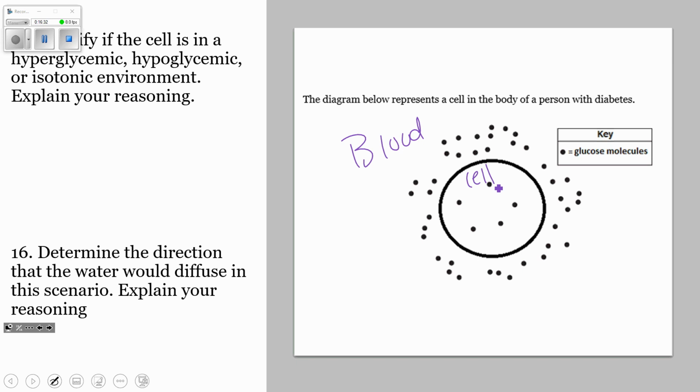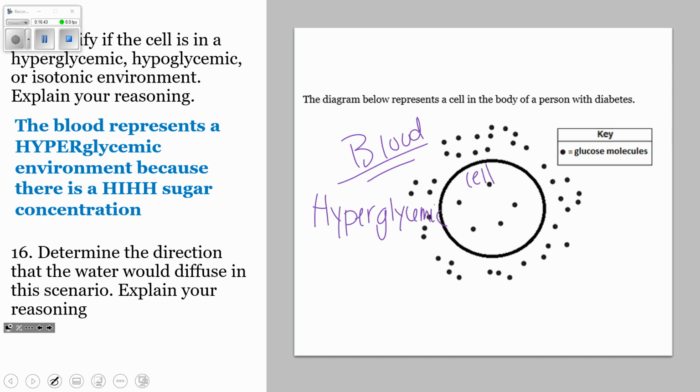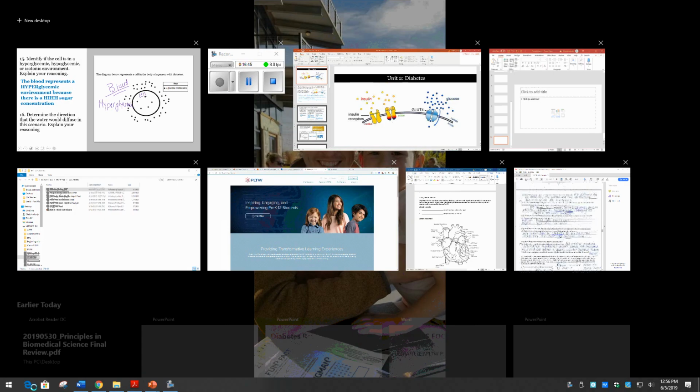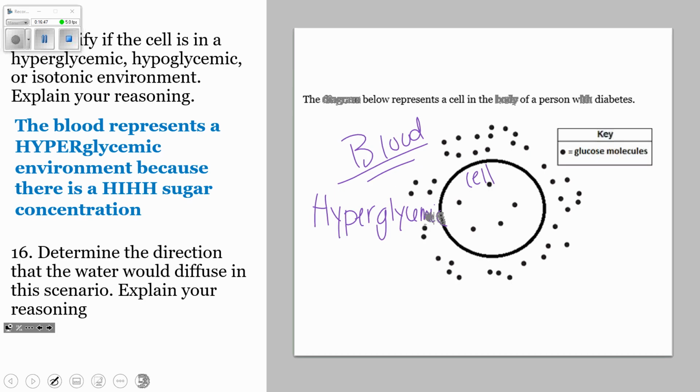A lot of sugar, they're going to be really hyper. So the blood itself is going to be hyperglycemic. And again, that has to do with that sugar concentration. So hyperglycemic, and when we're talking about something that's hyperglycemic, we're talking about a high blood sugar concentration.